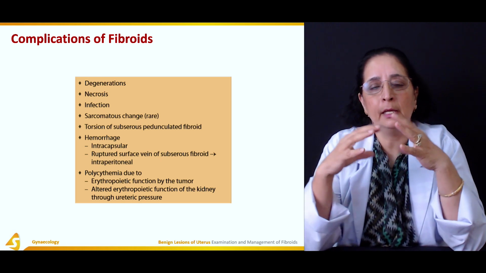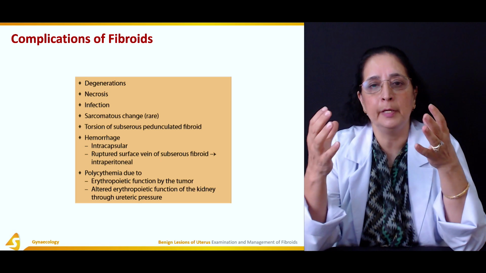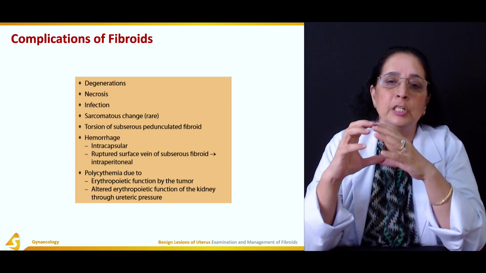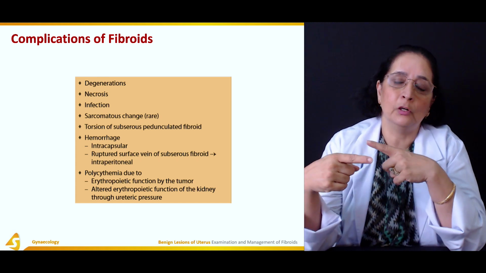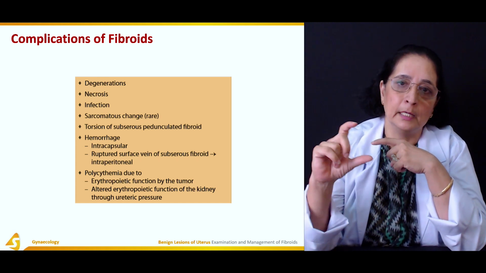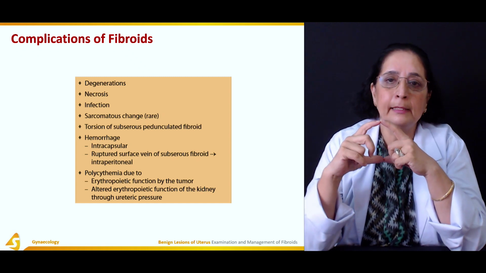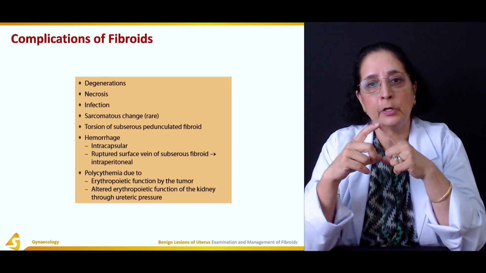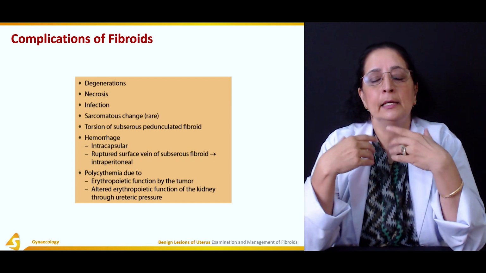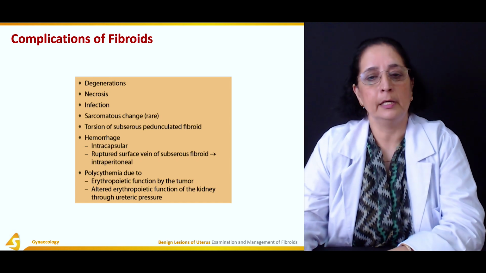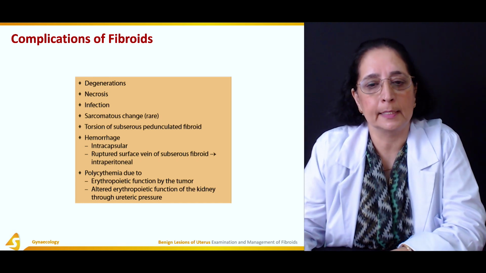So a fibroid, if it overgrows or becomes big enough, can cause pressure on the ureter also. Increased pressure on the ureter causes increased pressure on the kidneys, and it can affect the erythropoietin produced by the kidneys, and that can lead to polycythemia or increased production of red blood cells.